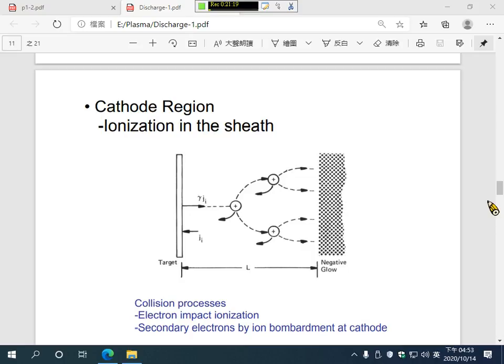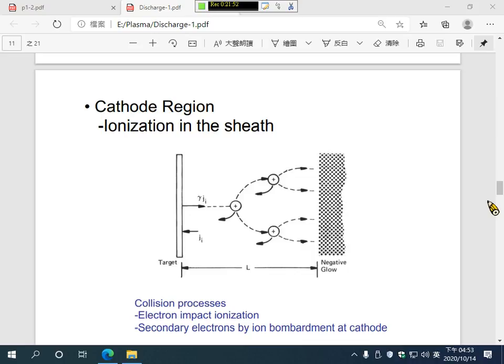So for the one electron coming out from the cathode surface, when it collides with a gas atom and forms an electron and ion pair, the primary electron also loses energy but still stays inside the cathode. So there are two electrons after the collisional process. One is the secondary electron from the ionization process.